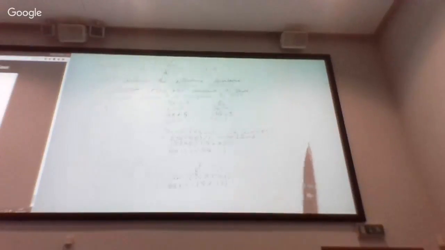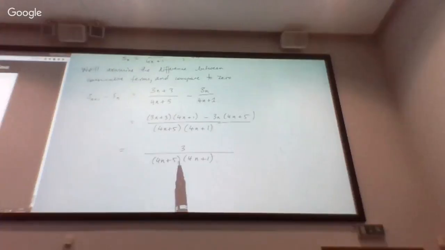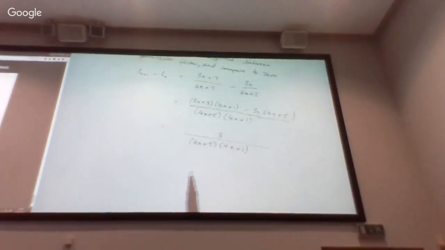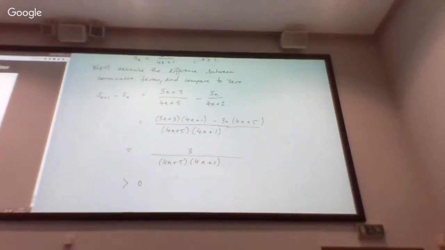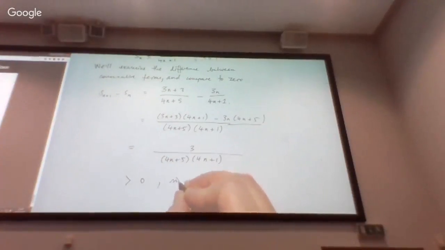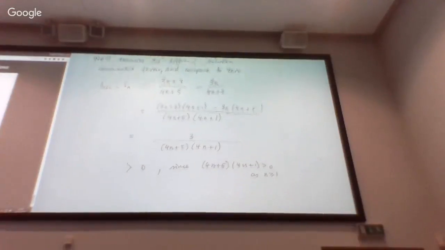Well, it's certainly positive, isn't it? Because n is a positive quantity. So 4n plus 5 is certainly positive, 4n plus 1 is certainly positive. So I don't really care what it is precisely. But we do know now that this is strictly bigger than 0, since 4n plus 5 times 4n plus 1 is surely bigger than 0.